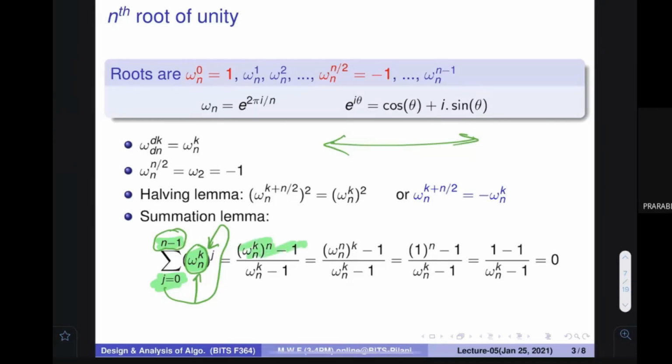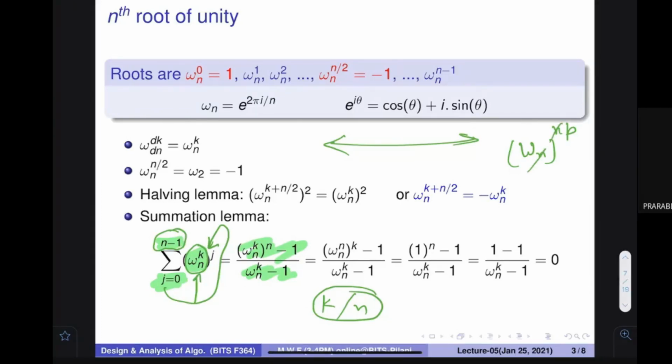K is not divisible by n, so this division is not possible. Otherwise, what would happen? It becomes 1. Then it is meaningless, because if you take omega n and raise it to the power n, it is meaningless, because then they collapse. It becomes 1. So that's why I am assuming that k and n are not dividing each other.